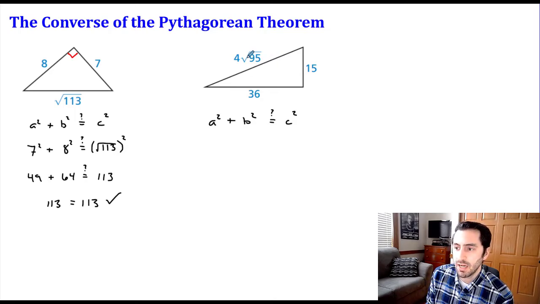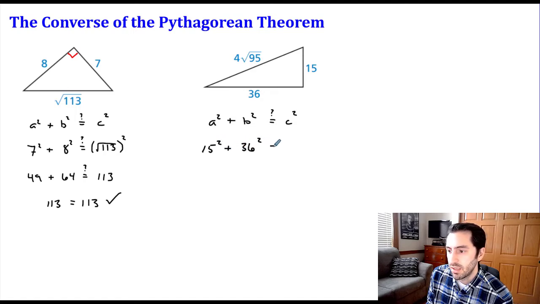So 4 times a little bit less than 10 gives us something that's a little bit less than 40, which is bigger than 36. So that is our longest side. So we have 15 squared plus 36 squared. And then on the other side, we have 4 times the square root of 95, squared.